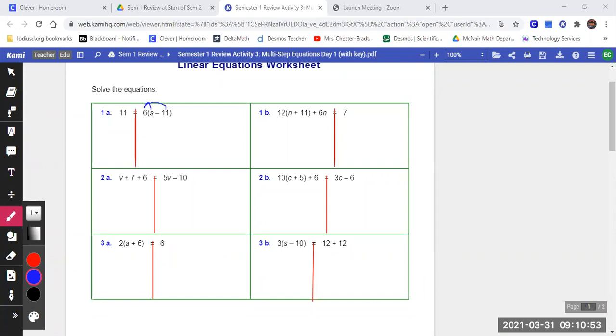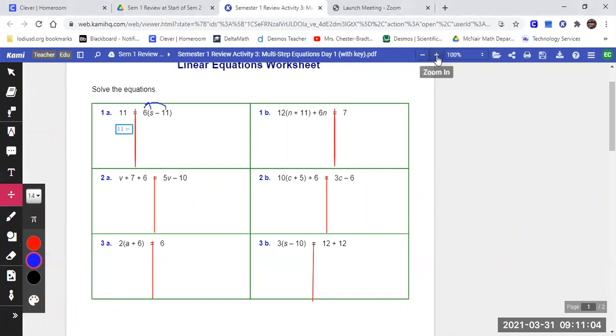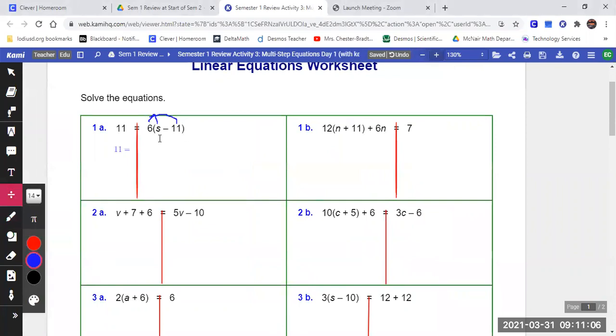And we have to show that multiplication. We're not just doing it. So I am not affecting the left side. I'm not changing that 11 at all. I'm going to do this distribution, this multiplication of the 6 times each thing inside.